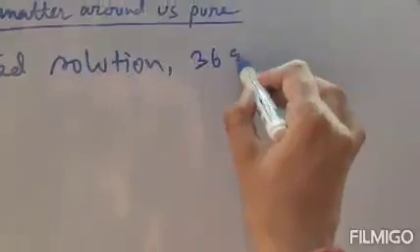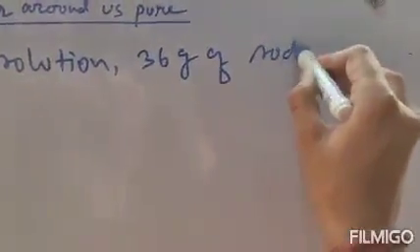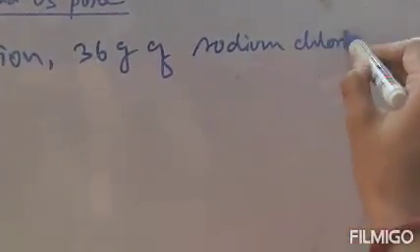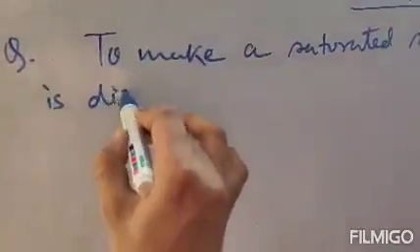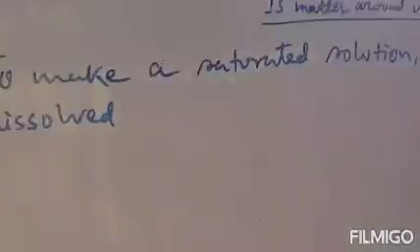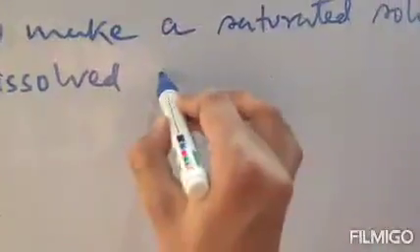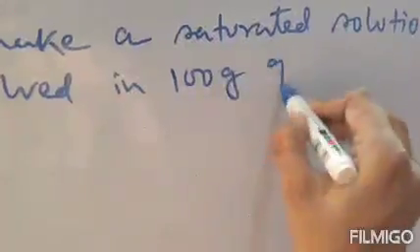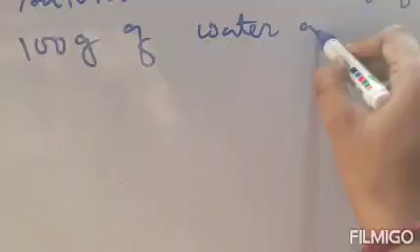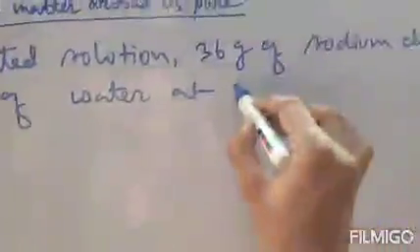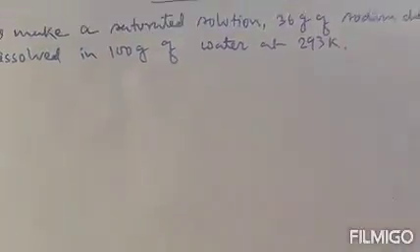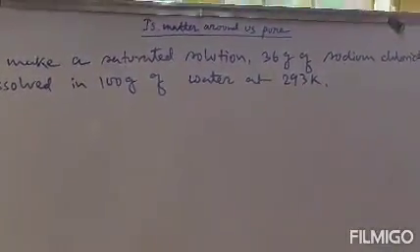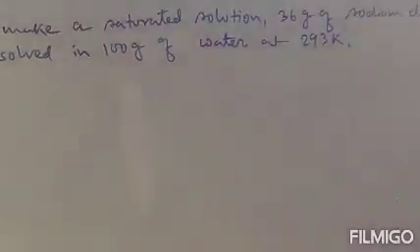To make a saturated solution, 36 gram of sodium chloride is dissolved in 100 gram of water at a temperature, suppose it is 293 Kelvin. That means to make a saturated solution, 36 gram of sodium chloride is dissolved in 100 gram of water at 293 Kelvin.